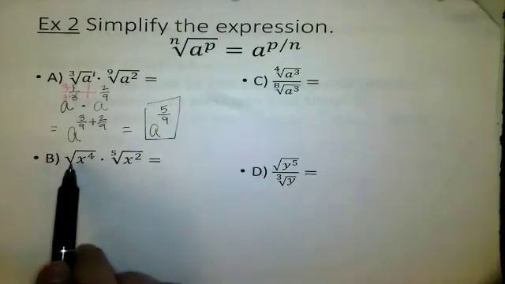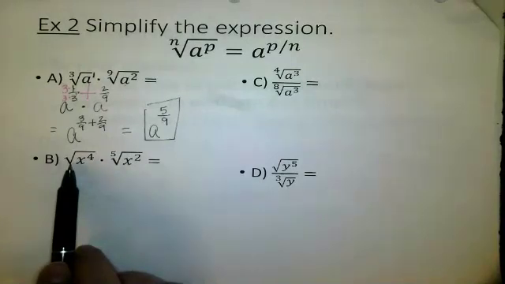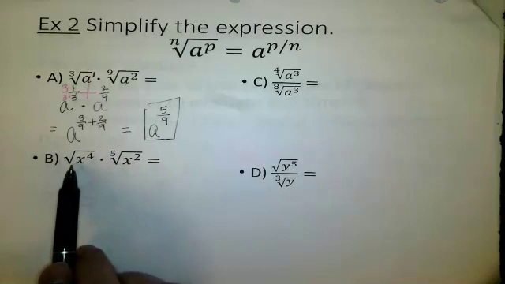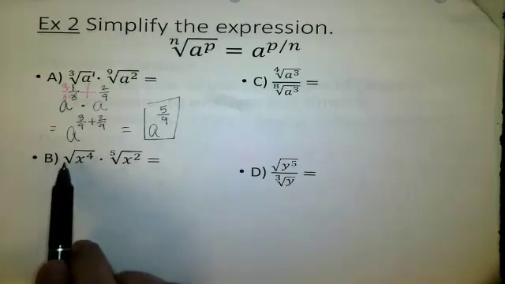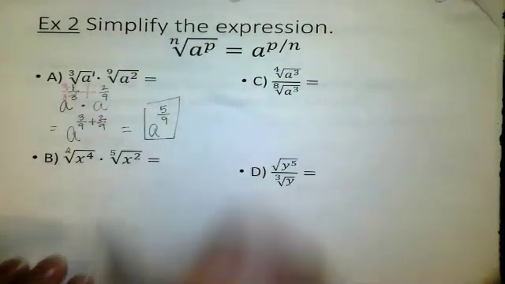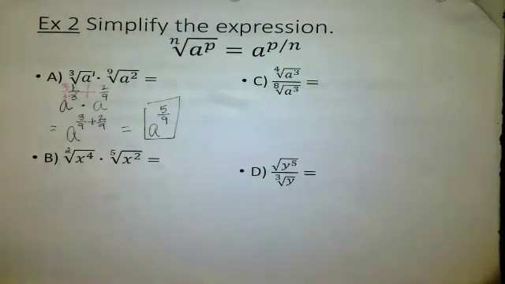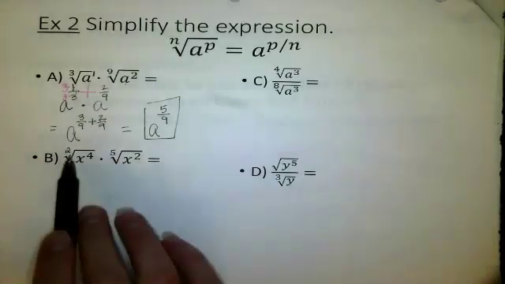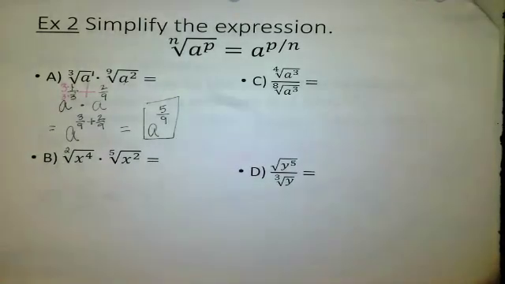What is this thing called? Square root. So what number is in the index? 2. It's a square root, as in x squared, x to the second power. So this is a square root. You don't see the power there, it's 2.